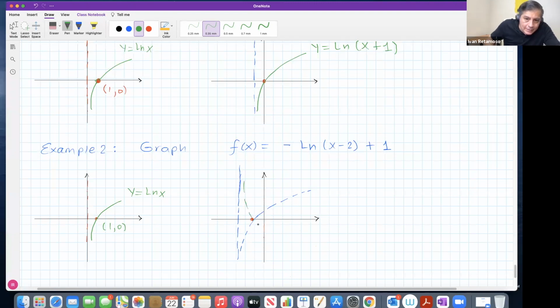So after you do this reflection, you're going to raise it up 1 unit. So finally, we'll end up there. Okay. So you just follow the rules of transformations that we followed before, right? And then you should be fine. Yeah, great.